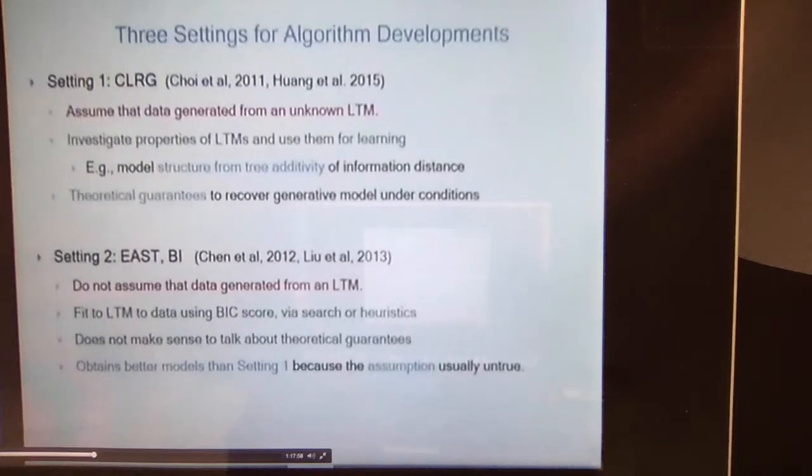In the second setting, we do not assume that data are generated from a tree model. We just fit the tree model to the data, guided by the BIC score, and use search or heuristics to determine the model structure. In this setting it does not make sense to talk about theoretical guarantees because there's no ground truth to compare to.